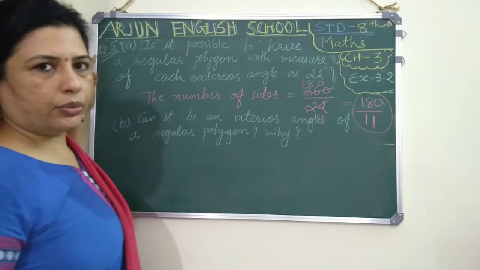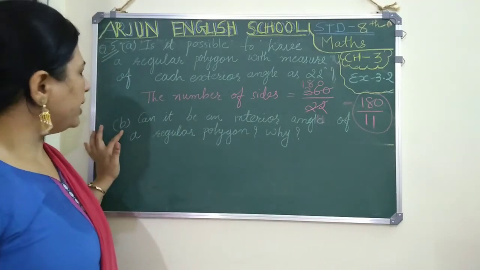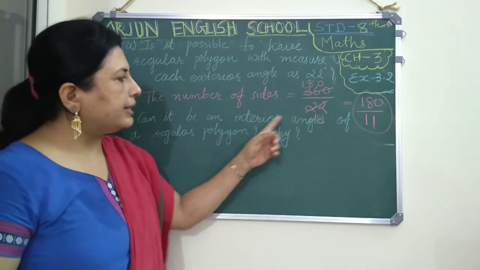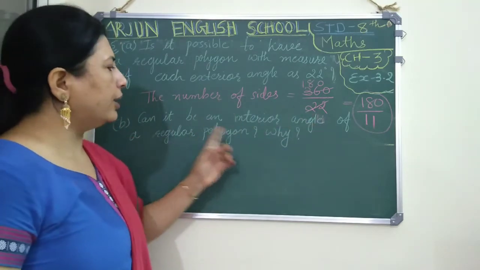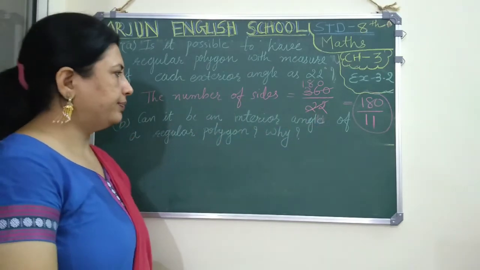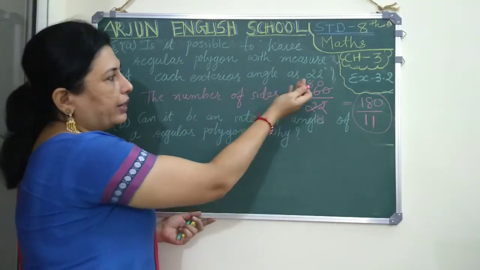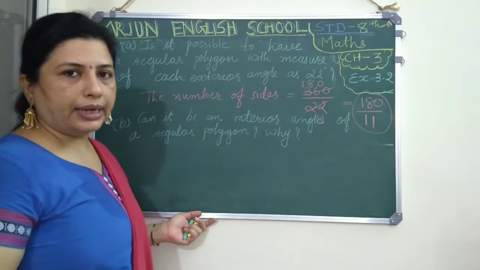Here in this question number 5 only, the question is like that. Can it be an interior angle of a regular polygon? Why? Interior angle, that means 22 is the interior angle.